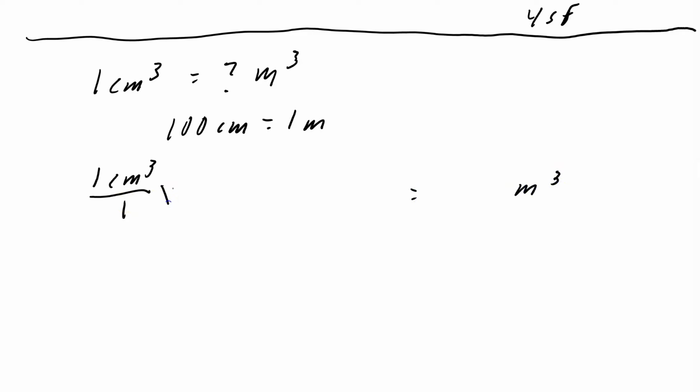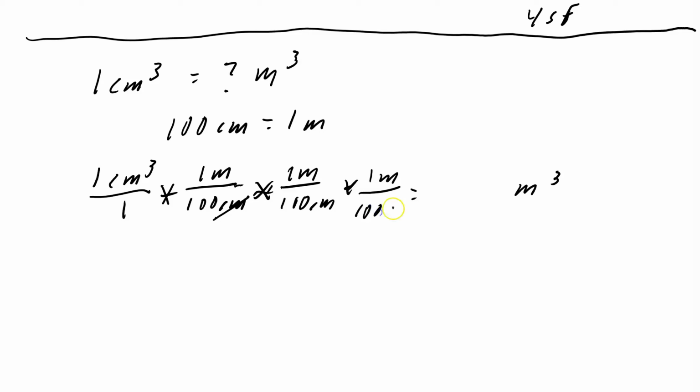So again, I'm going to have to multiply by my conversion factor, which says 1 meter contains 100 centimeters. But again, there are 3 unit centimeters in the numerator. I need 3 in the denominator. This is only going to cancel 1 of my 3. So I got to do this 2 more times. So I got 1 meter over 100 centimeters. And again, 1 meter over 100 centimeters.